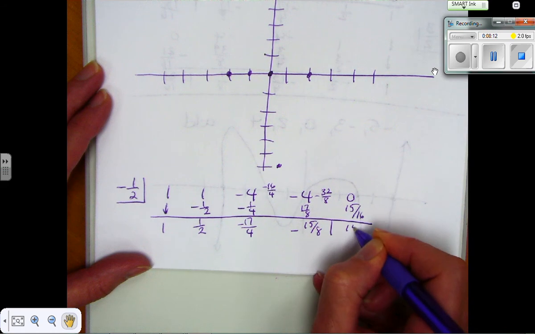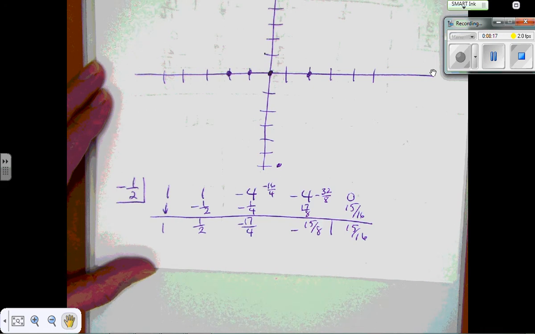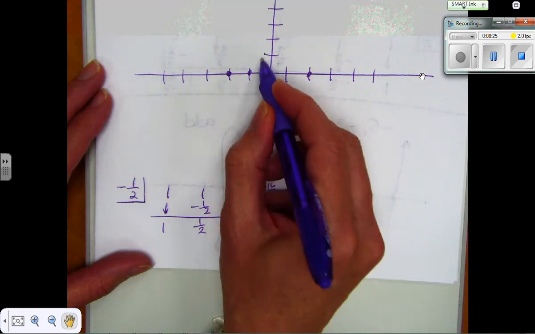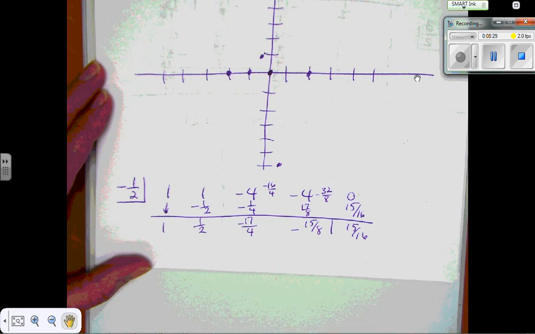Okay, so when x is -1/2, I'm getting y is 15/16. Approximately, what is that as a decimal or a whole number? Almost 1. Almost 1. So I'm going to put it right here, right about 1 on your graph.